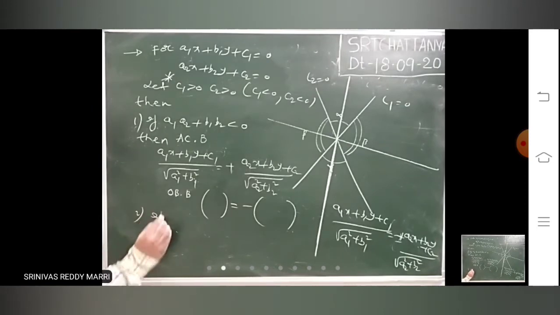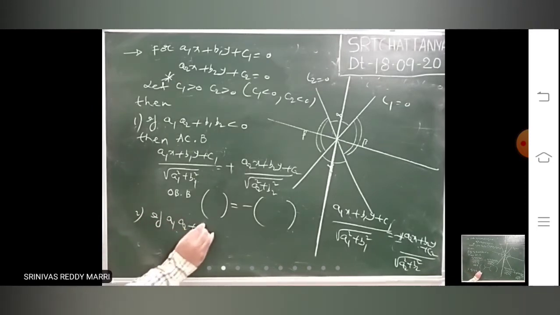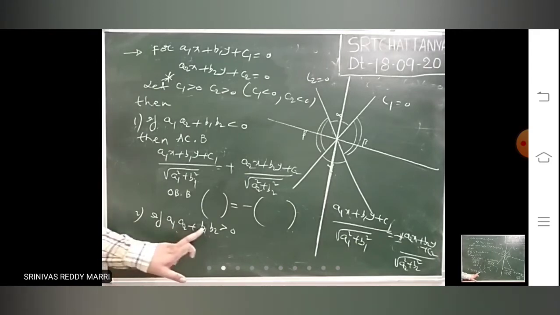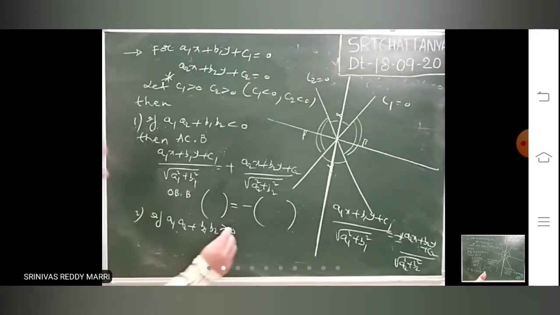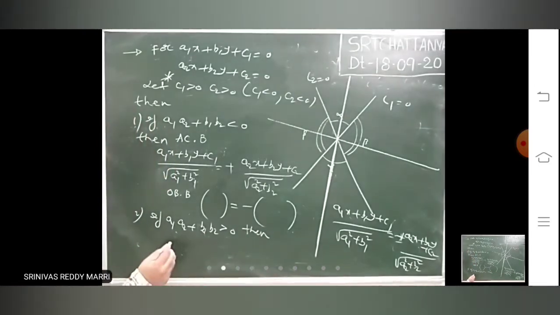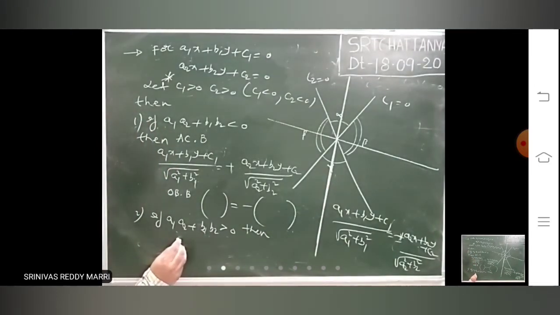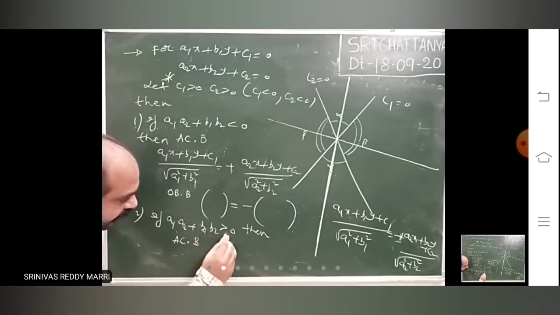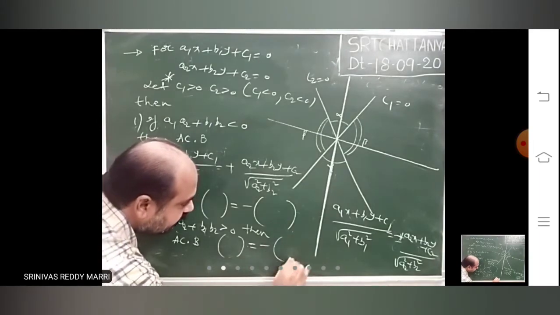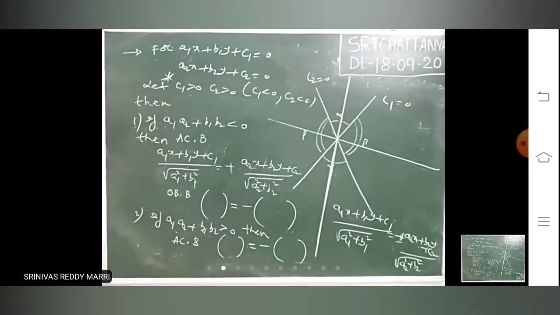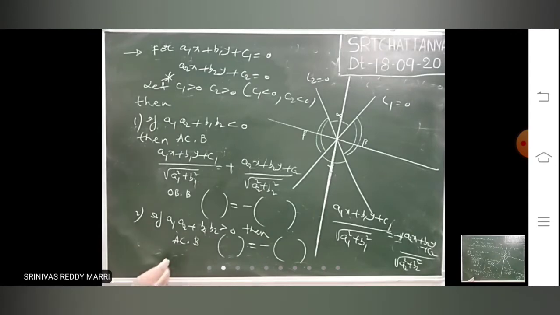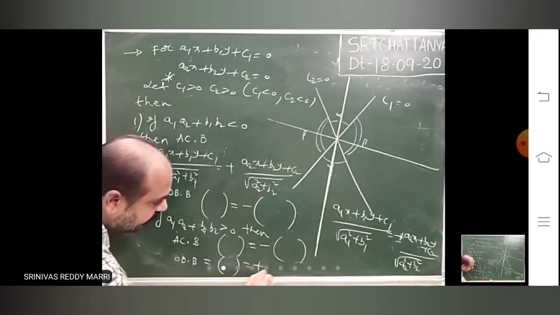Next, if a1 a2 plus b1 b2 greater than 0, then minus 1 will be acute angle bisector, and obtuse angle bisector is plus 1.